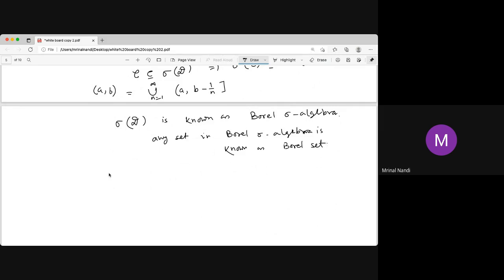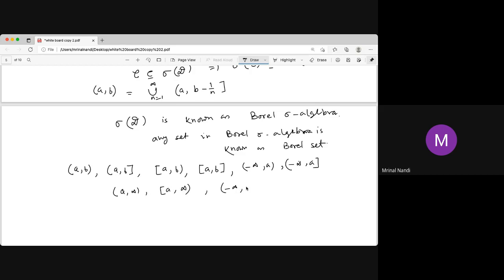Now, what are the Borel sets? We already have a large collection. All the open intervals are Borel sets. All the half open, half closed intervals are Borel sets. These sets are also Borel. All the intervals are Borel sets. And minus infinity to infinity, which is actually the set of real numbers, is also a Borel set.